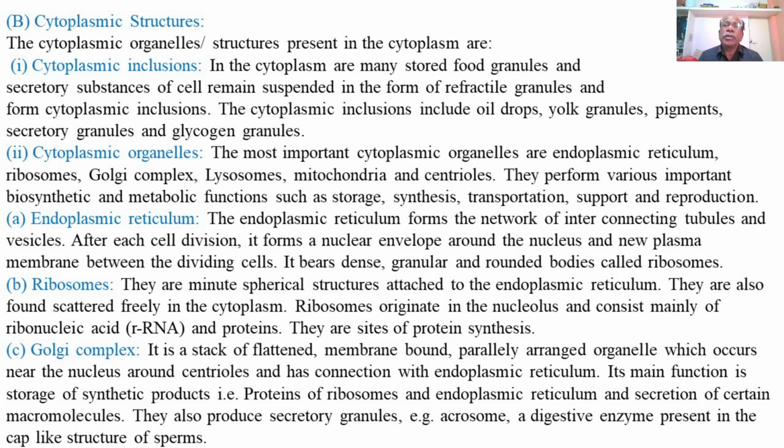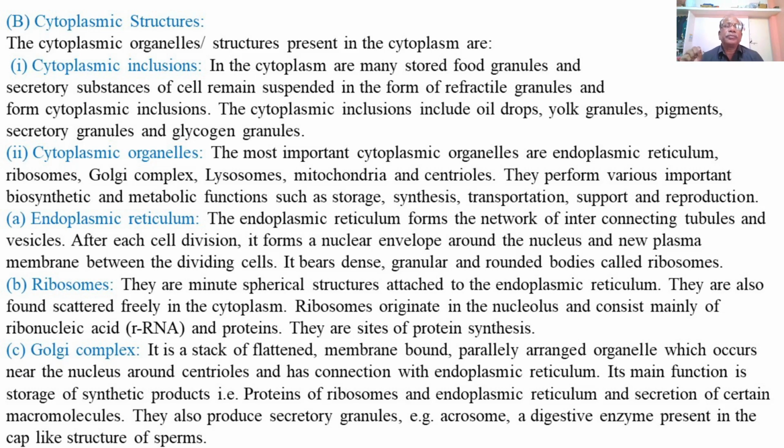The cytoplasmic inclusions include oil droplets, yolk granules, pigments, secretory granules, and glycogen granules. These are some of the important organic materials present in the cytoplasmic matrix.